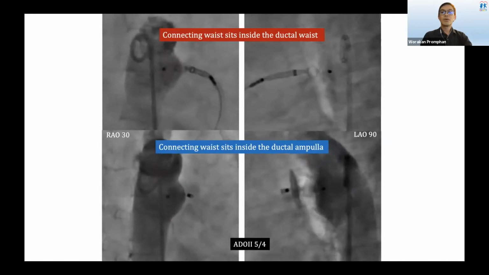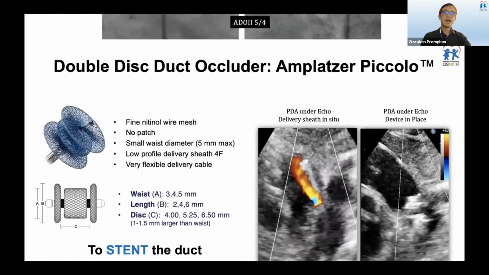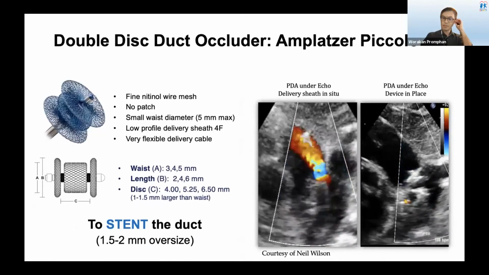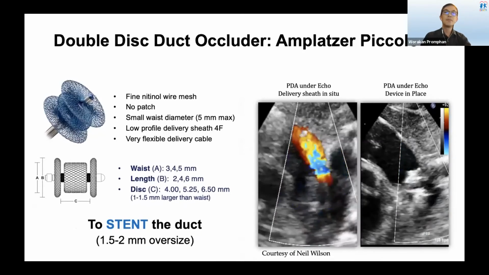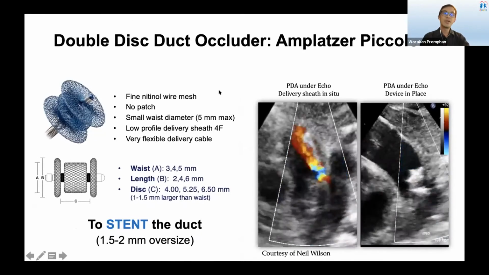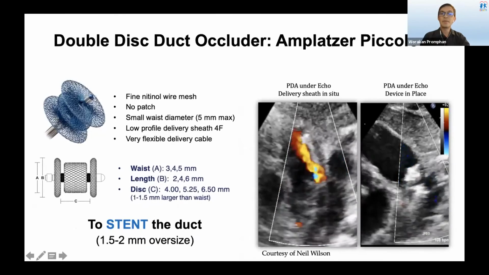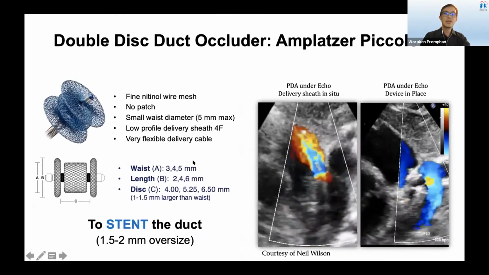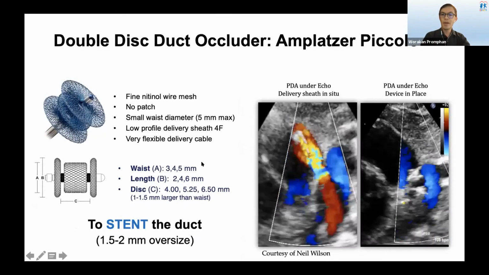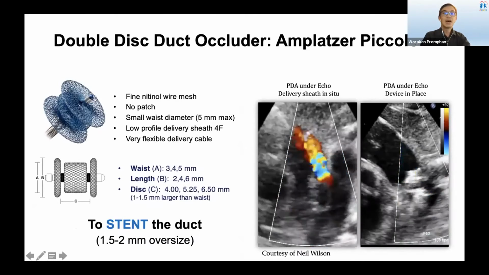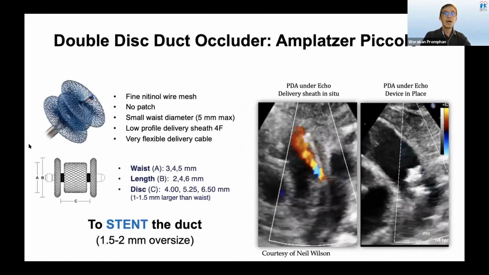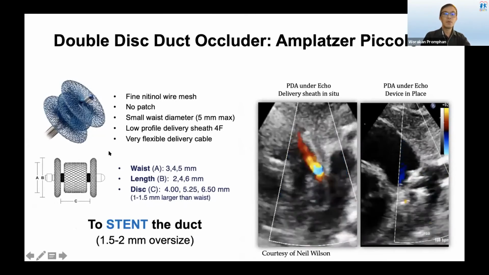Right. And apart from that, recently, as the previous speaker in the last session mentioned, about using the ADO2 AS or the Amplatzer Piccolo device. Again, this is FDA approved for small babies, especially prematurity, in the US, and now it's available, I think, everywhere around the world.